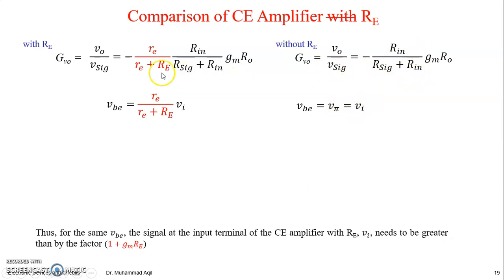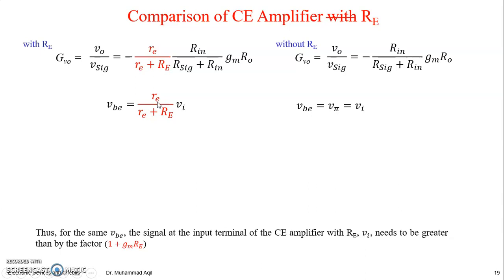And here Vi is equal to Rin divided by Rin plus R signal, times V signal. If we put this instead of Vbe, then Vi and Vbe have this relation, same as on the previous slide. So then what is the difference? What difference can we see here?